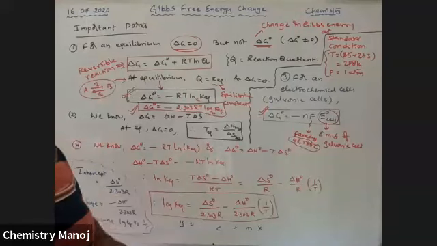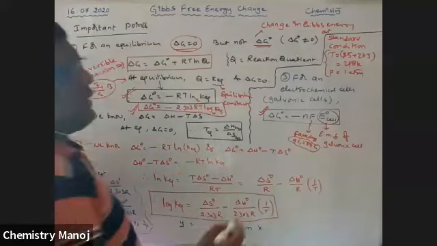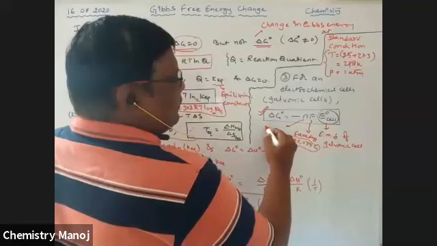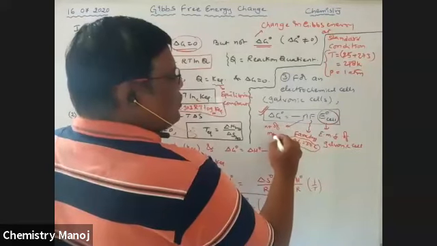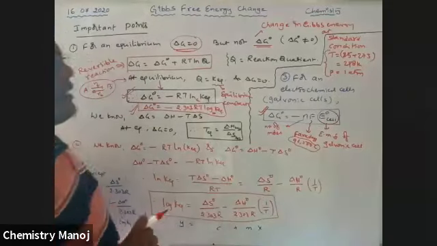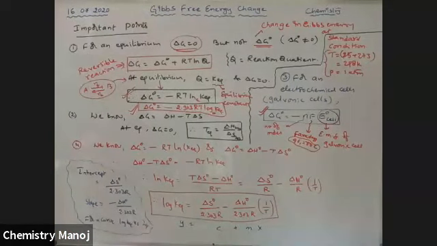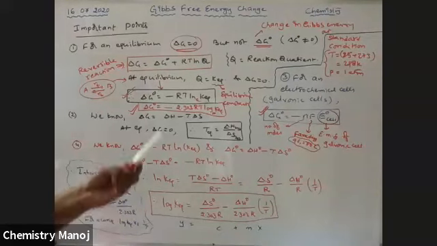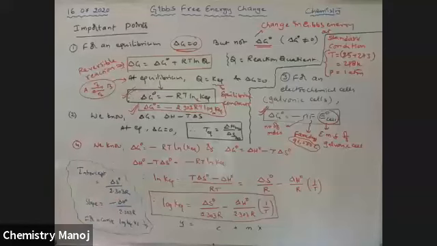One Faraday is 96,500 coulombs. n is the number of moles, F is the Faraday, which is equal to 96,500 coulombs. E naught is the EMF of the galvanic cell, the electrochemical cell. We will explain that in electrochemistry in your second year. Okay. So next.